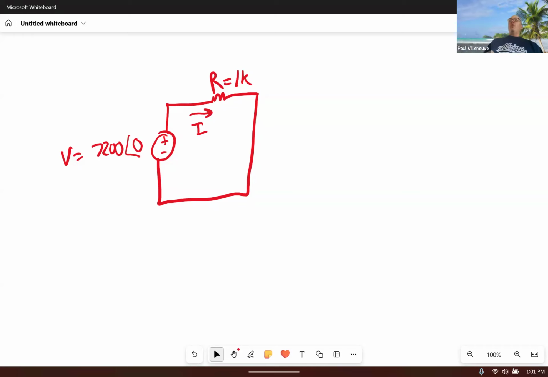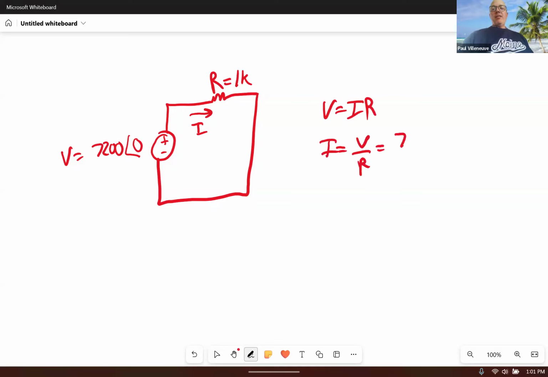So we can use Ohm's law, which will start off with V equals IR. And we're going to solve for our current. Okay. Simple calculation.